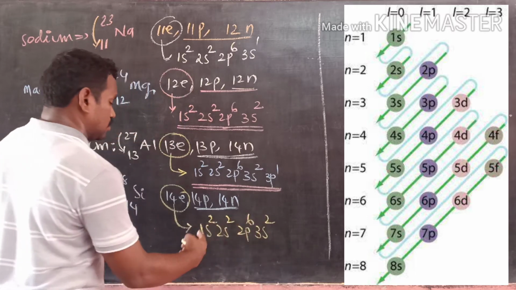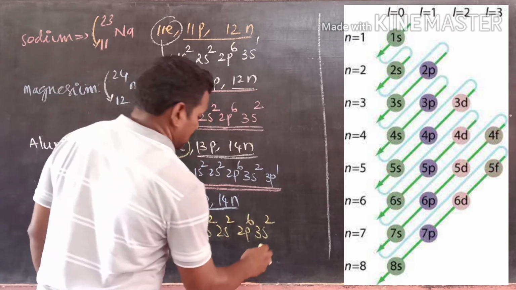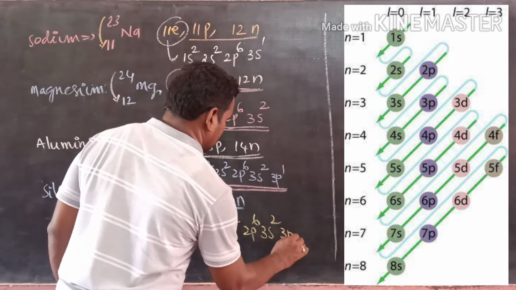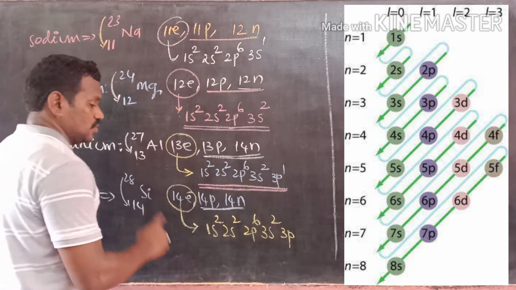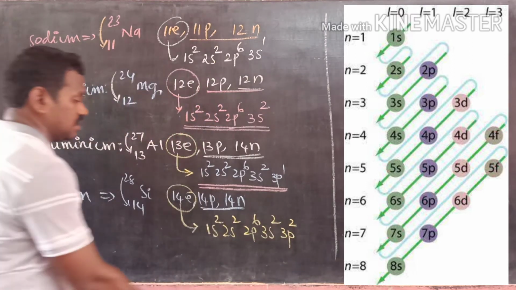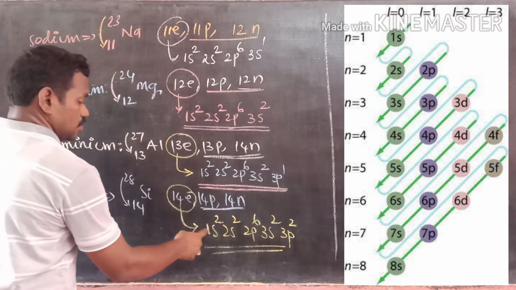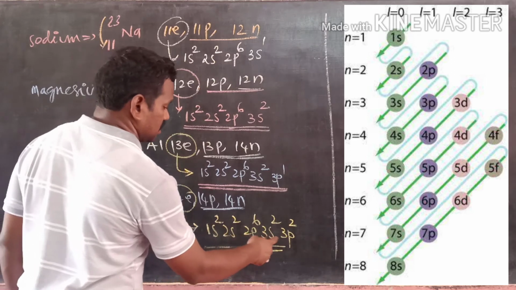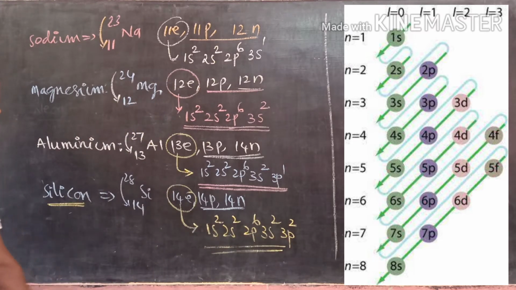Till now 12 electrons are completed. The remaining 2 electrons enter the 3p. The p subshell can accommodate a maximum of 6 electrons, but only 2 electrons are left, so the 2 electrons are accommodated here. The electronic configuration becomes 1s2, 2s2, 2p6, 3s2, 3p2, which is the electronic configuration of silicon.